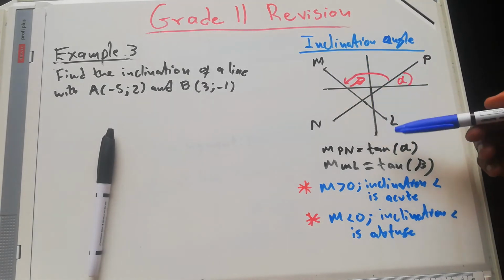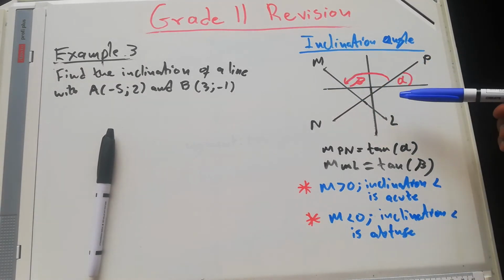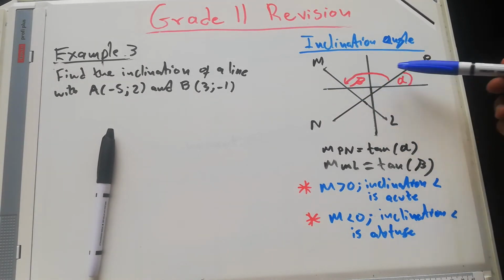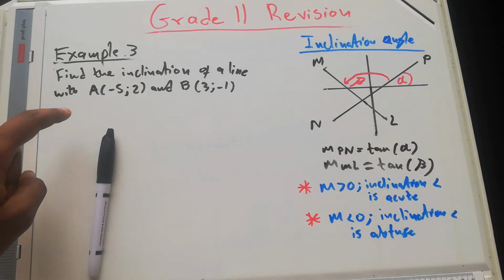So all you have to do is add 180 degrees, because angles on a straight line always add up to 180, to get the angle you're looking for, which is the one the line makes with the positive x-axis. We'll see with the following question.